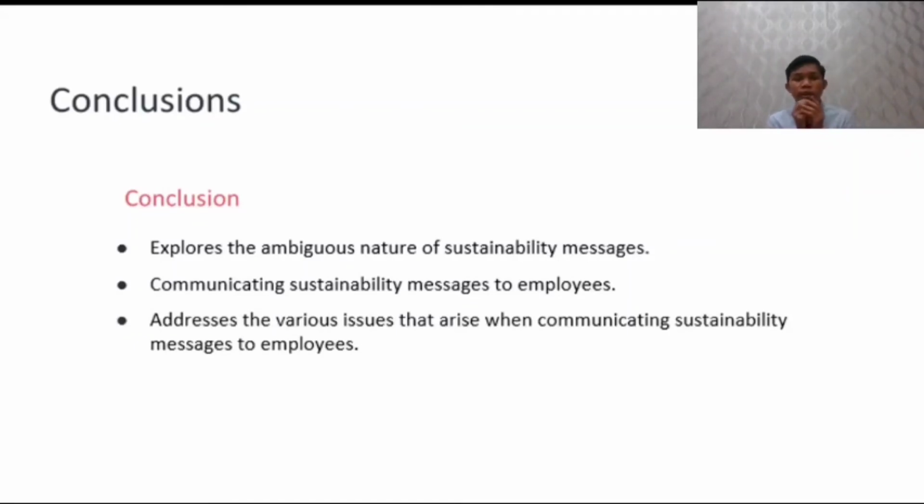This study also addresses the various issues that arise when communicating sustainability messages to employees. It could help organizations improve their attitudes towards sustainability and green computing. Moreover, it could also influence their culture by influencing employees' attitudes and increasing their knowledge about these subjects.